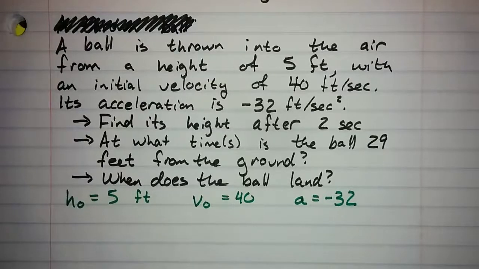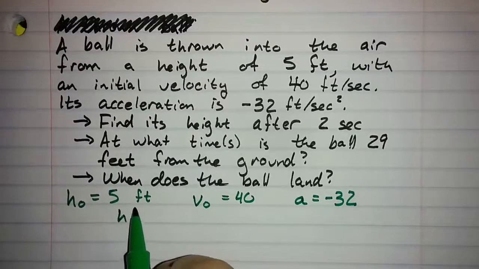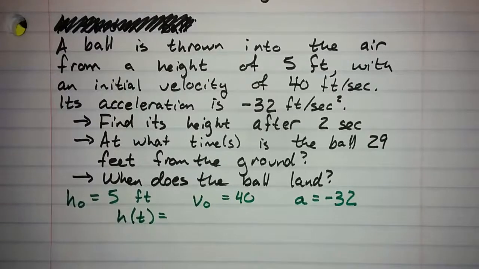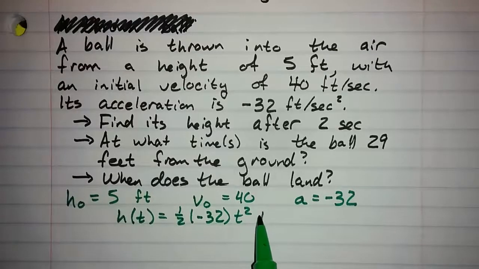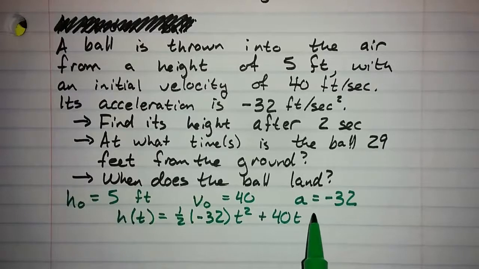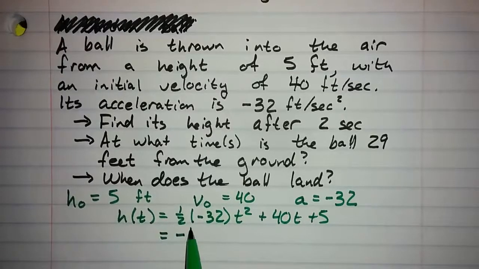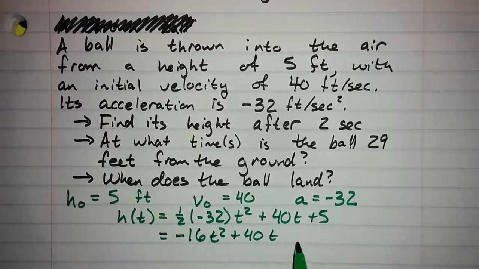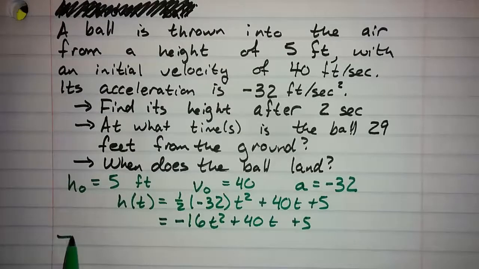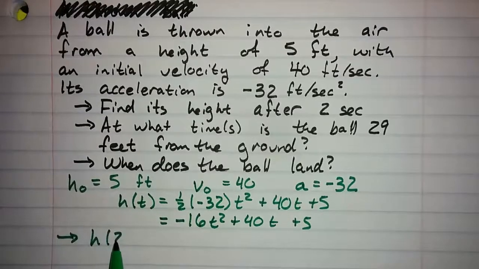So I'll get h of t is 1/2 negative 32 t squared plus 40t plus 5. So that'll be negative 16t squared plus 40t plus 5. To answer the first one of these, I'll find h of 2.